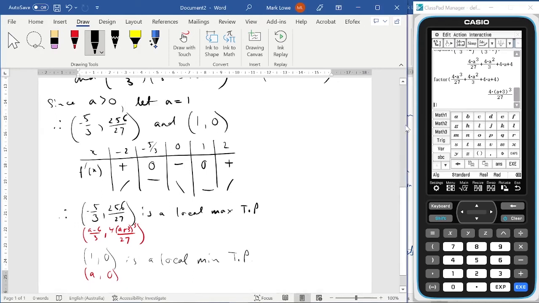Now, the other part of the question is to find the value of a if the straight line y equals 5x plus 15 intersects at the maximum turning point.